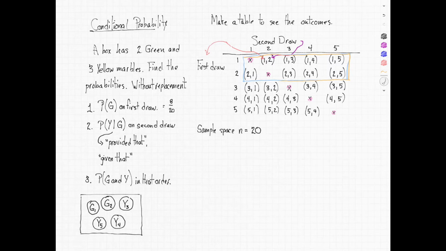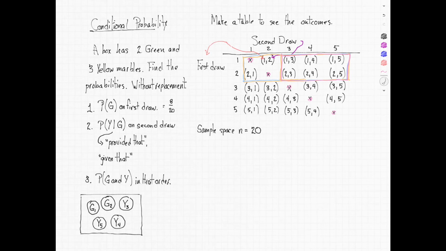It's this blue. The blue is my sample space because those are the ones where I first drew a green. Then the marbles where I drew a yellow on the second draw restrict it down to this inner rectangle, in this light pink.